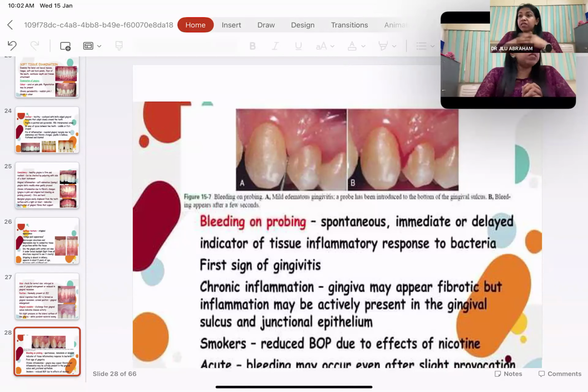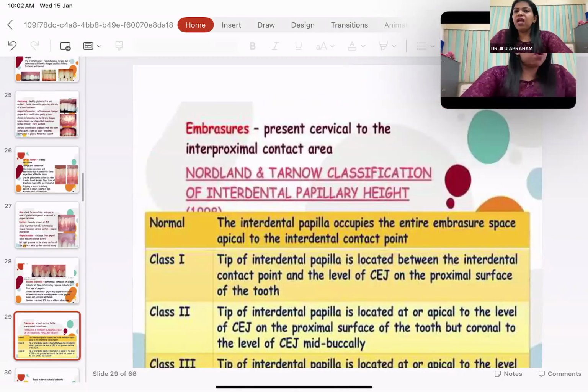And grade 3 is profuse bleeding. So all these things we have to record, and check whether any area has bleeding on probing. That is the first sign of gingivitis, the bleeding on probing. And in smokers, there will be reduced bleeding on probing due to the nicotine effect. Then we have to check the abrasions, which we will cover in the next case.